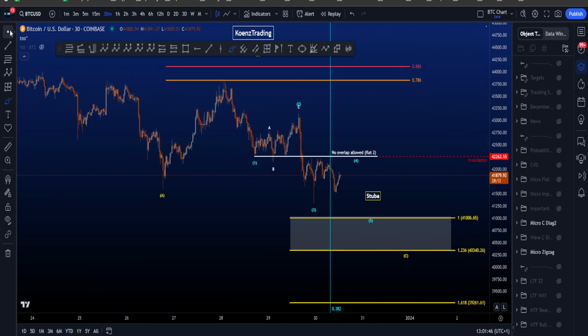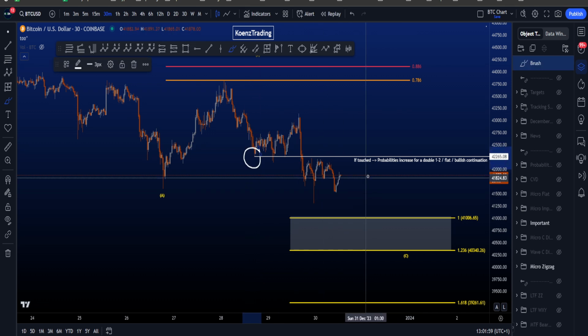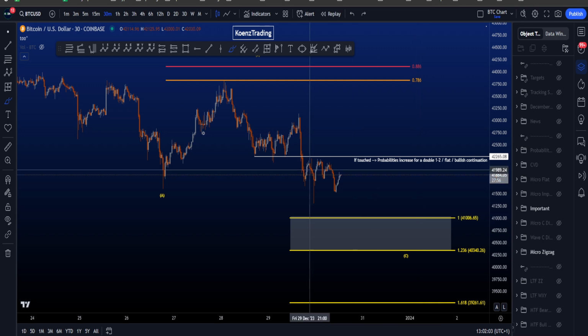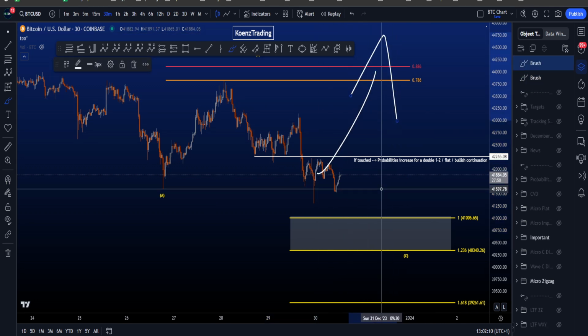So it's definitely an interesting area, but keep in mind this level at 42,262 on my Coinbase chart, this low over here, because the moment this low is touched, the probabilities will increase for a double 1-2, I should actually say a triple 1-2, a bigger flat structure, or potentially bullish continuation.